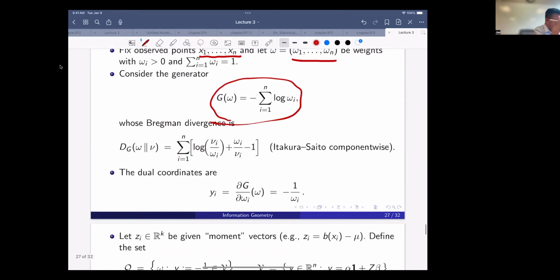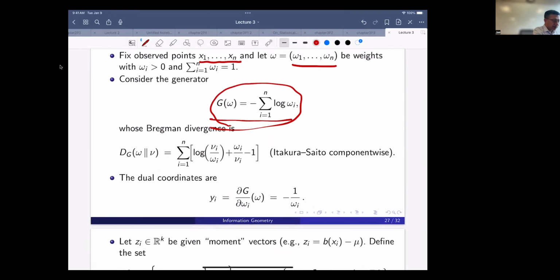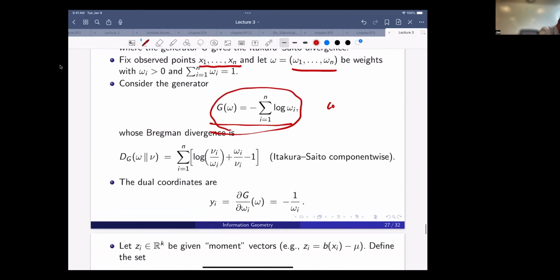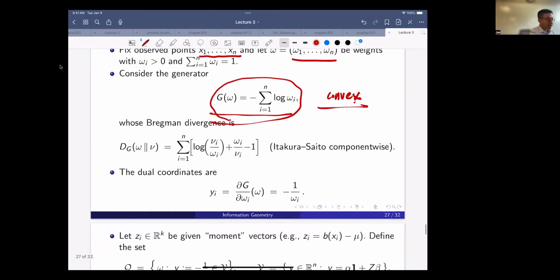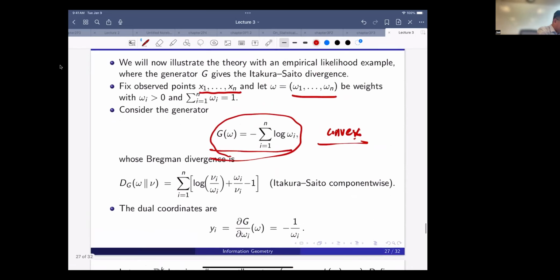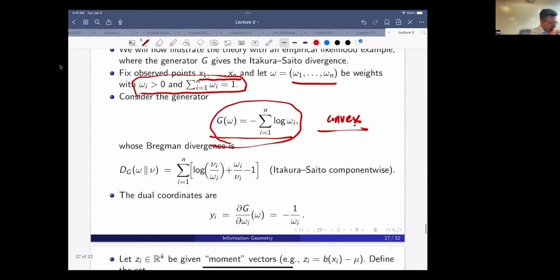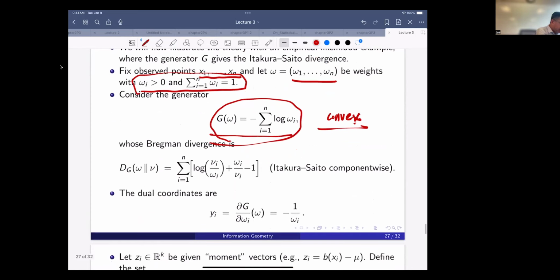And if you use this as a generator, this is strictly convex. And we have this constraint, of course. And then use that to construct the Bregman divergence.